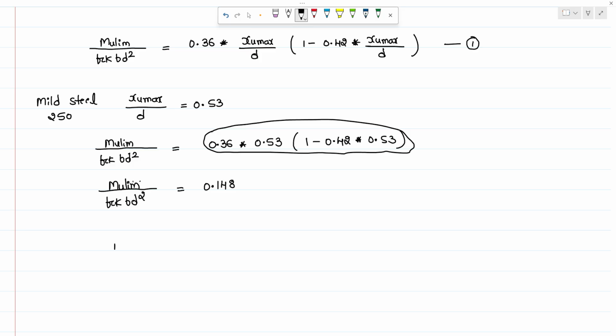So this also can be written as Mu limit equals 0.148 fck bd square. So this is for mild steel or Fe 250. So I will call this equation number 2.